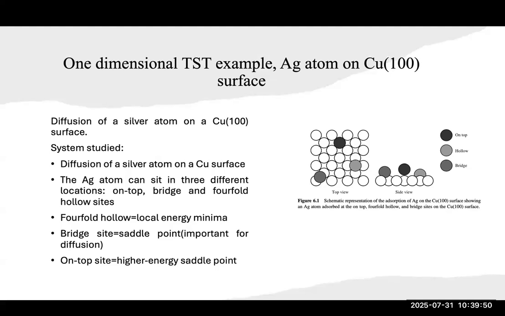Anyways, suppose the eigenvectors are aligned with the x and y directions. Along the y direction it looks like a minimum, but it looks like a maximum along the x direction. So your surface will look somewhat like this.